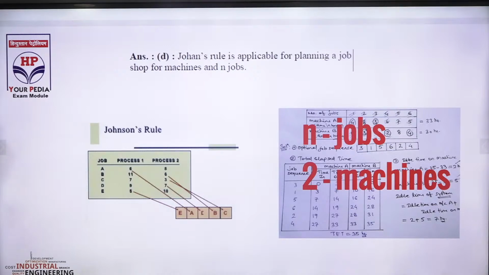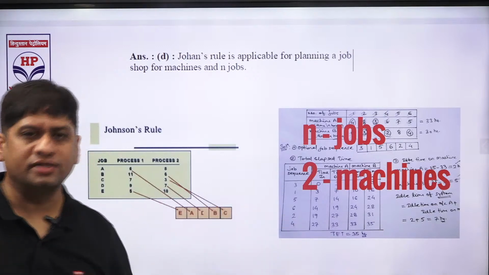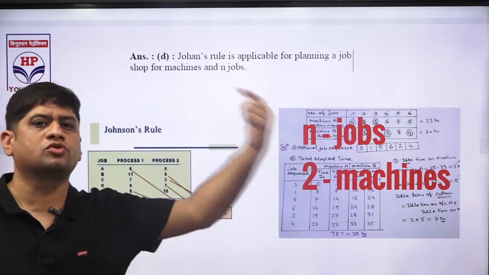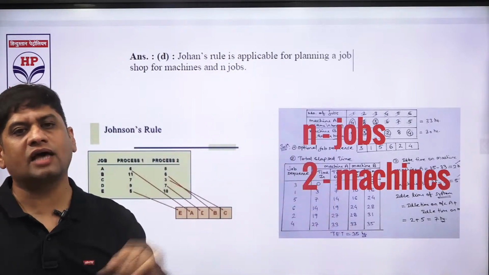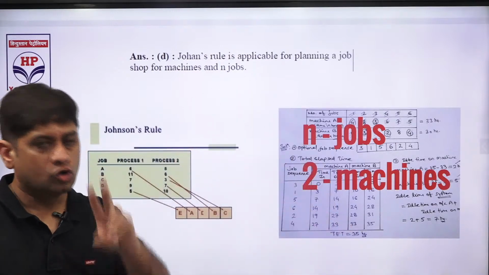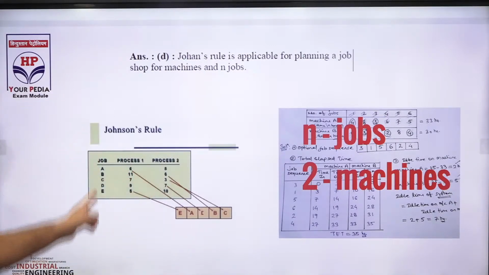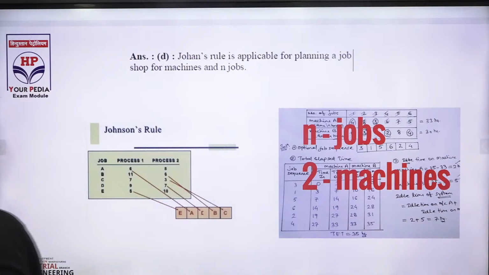Johnson's rule is used for sequencing: which job should go to the first machine and then which job should go to the next machine. For that there is an algorithm, the Johnson algorithm. 2 machines and n jobs. That is what the Johnson algorithm is all about.